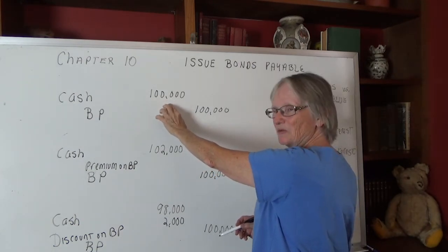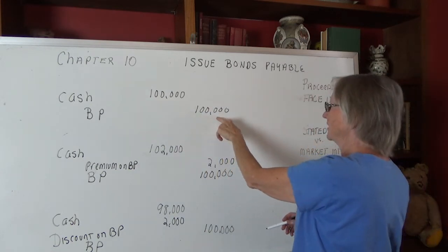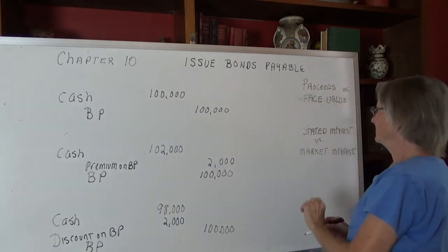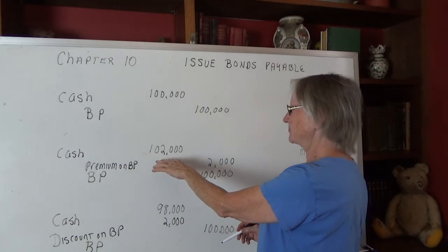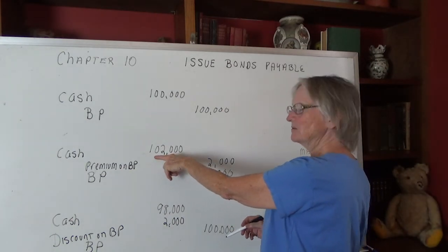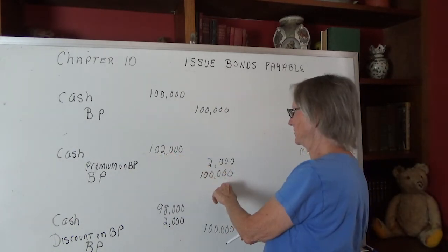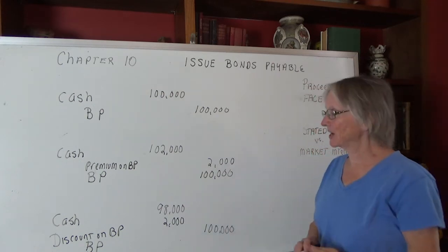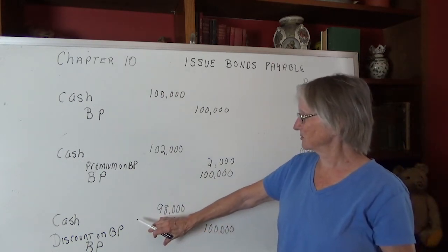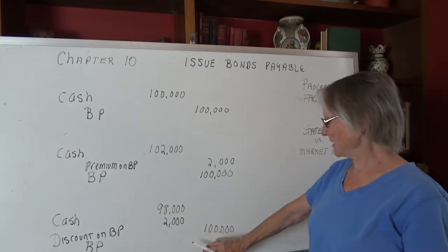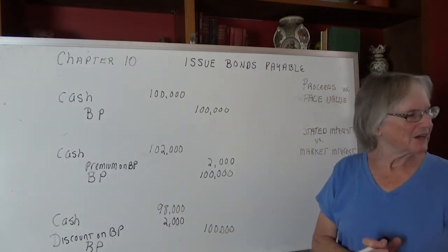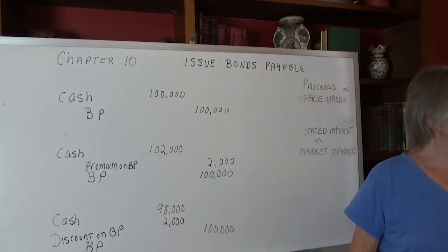That's the proceeds of the bond equals the face value. So I got a few terms over here. Now when they're issued at a premium, we're getting more money, and we still only have to pay back the $100,000. When they're issued at a discount, we're only getting like 98, and we have to pay back the full 100.